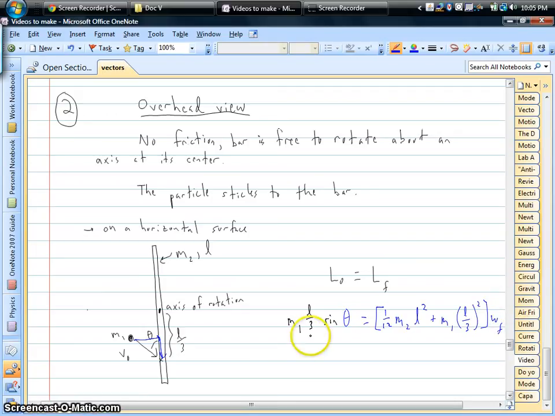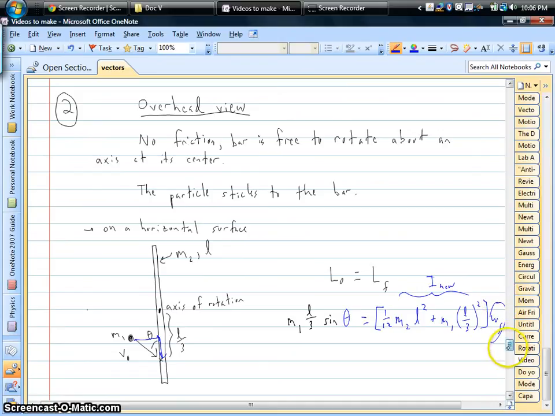Okay, so here's a case where only one thing's moving beforehand, the particle. They stick together and then everything rotates afterwards. And so we're using generically, all this stuff in the brackets is that new moment of inertia when they're stuck together times the final angular speed, which is what we're trying to find.